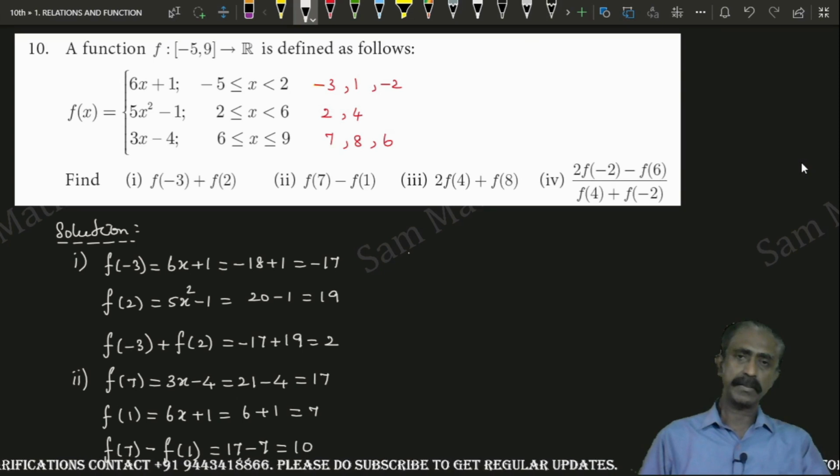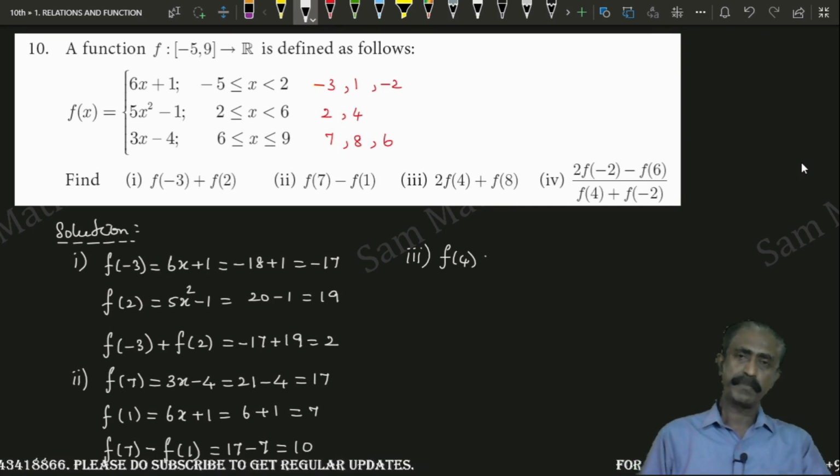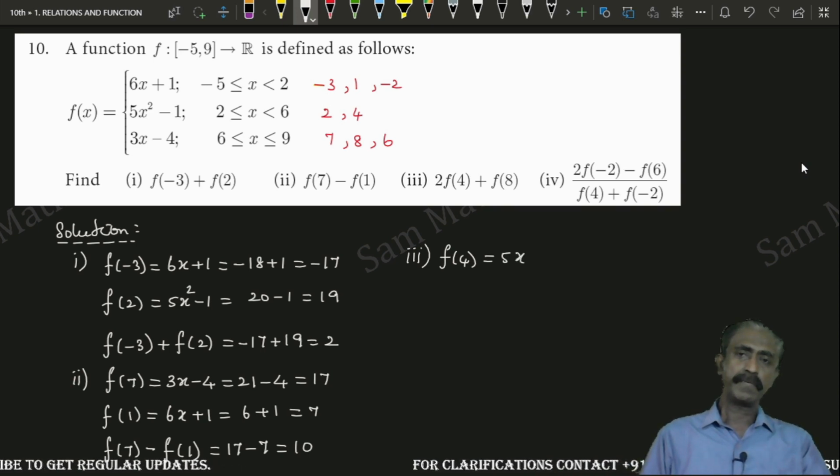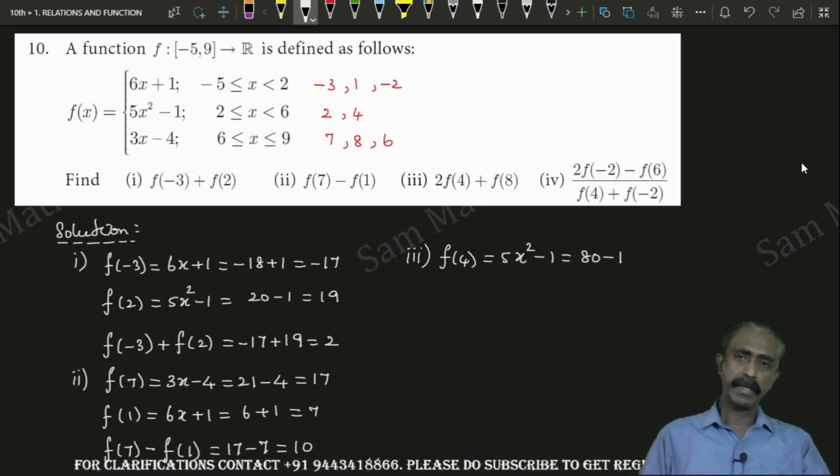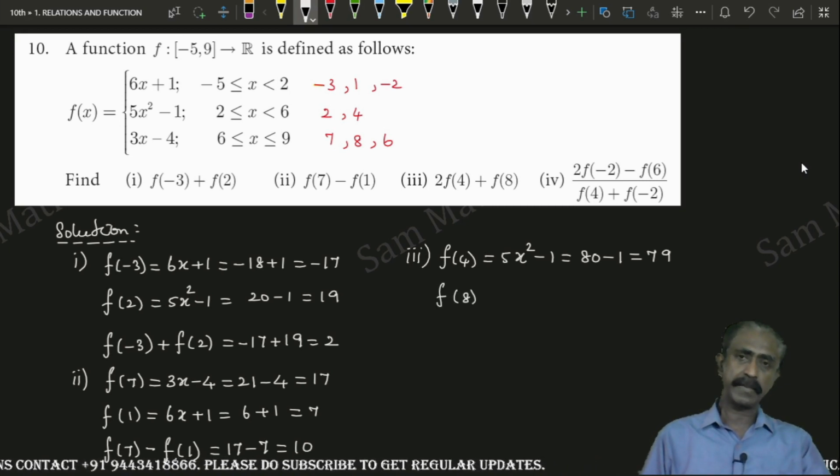Now the third is f of 4 value we have to calculate. It's in the second interval, therefore I have to use the function 5x square minus 1, that is equal to 5 into 4 square. 4 square is 16, 5 sixteens are 80, minus 1 equal to 79. Then we calculate f of 8.